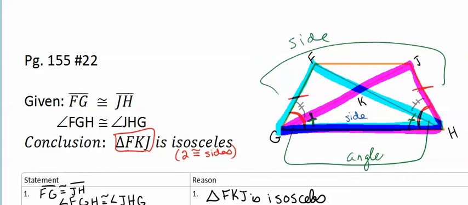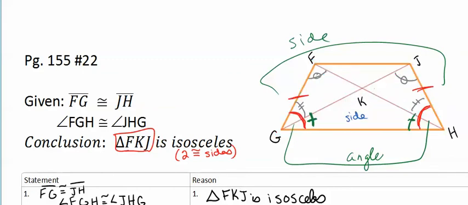Those bigger triangles also give us another corresponding angle that will help us: angle GFH and angle GJH being congruent. This will allow us to say that the two smaller triangles are congruent based on angle-side-angle.